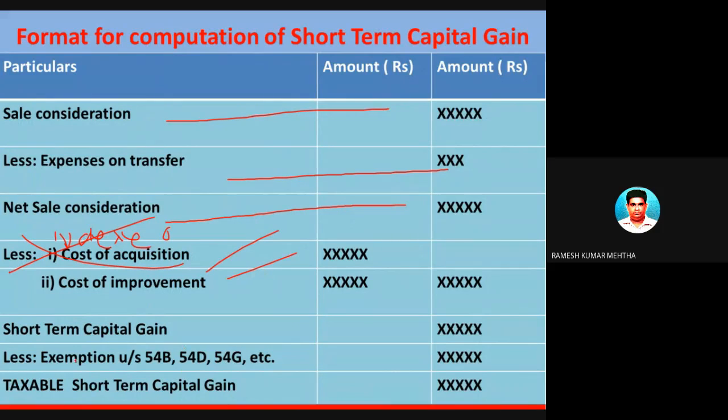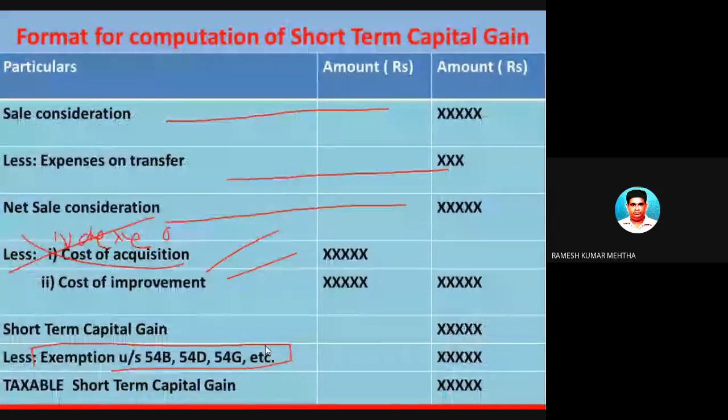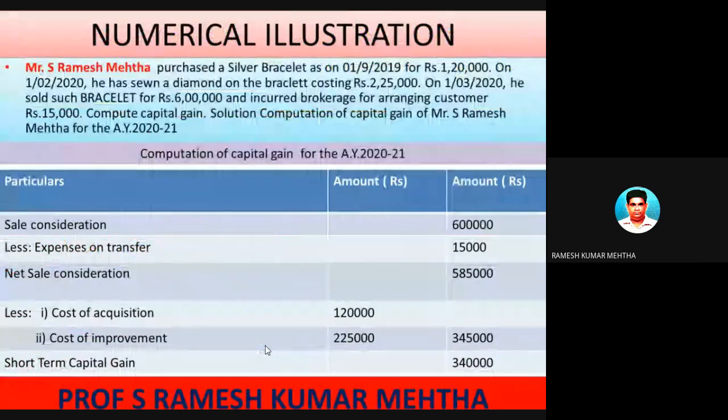And we have to see whether we will get these exemptions or not. Now let's take a small problem, and in this format we are going to solve the problem as far as finding short-term capital gain is concerned. So you can expect in the examination a problem on short-term capital gain as well as long-term capital gain. Let's solve the problem.